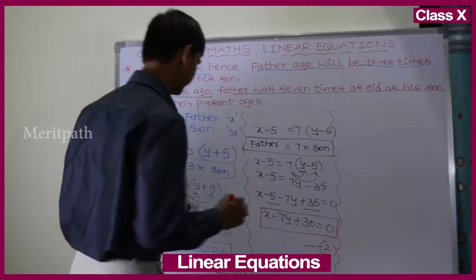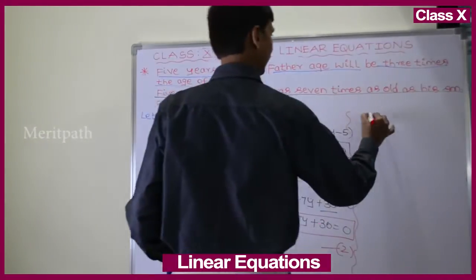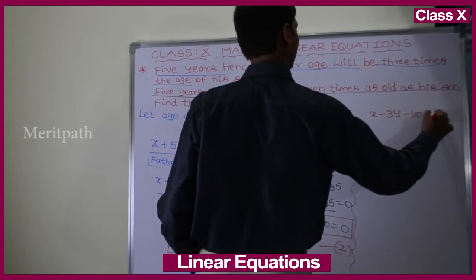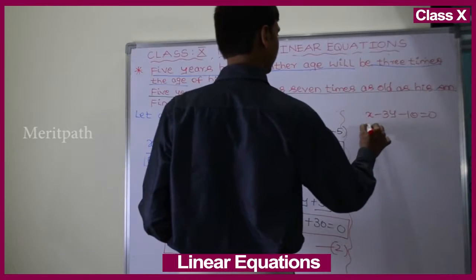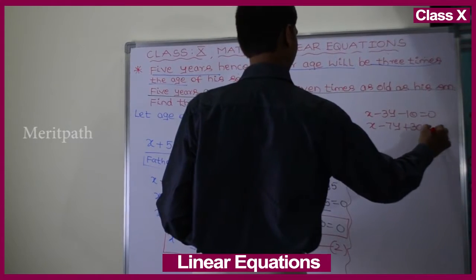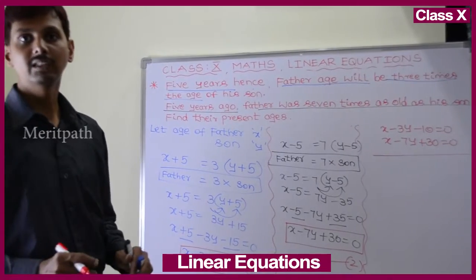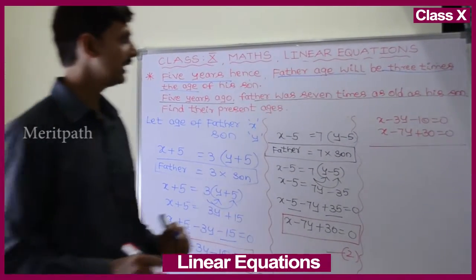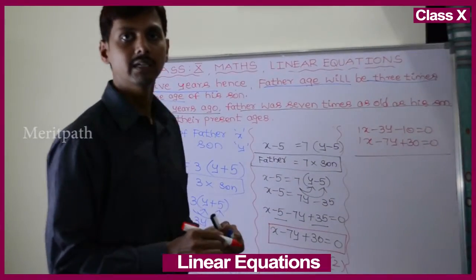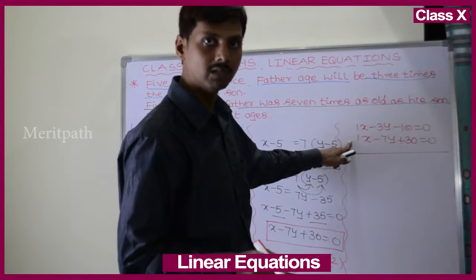Now let us take these two equations. The first equation is x minus 3y minus 10 equals 0. The second equation is x minus 7y plus 30 equals 0. We will solve these two equations by the elimination method. We know that in the elimination method, the coefficients of one variable, either x or y, must be equal. So we can observe here that the coefficients of x are equal.